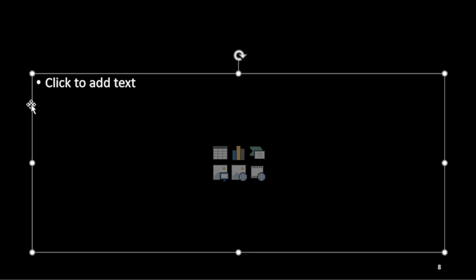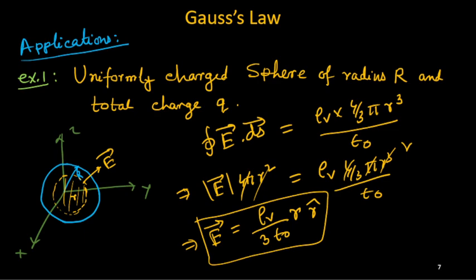Now we will make this total, these two. Okay, this is the electric field.